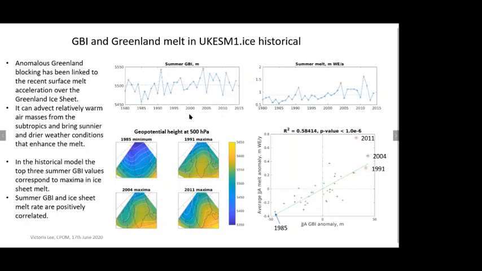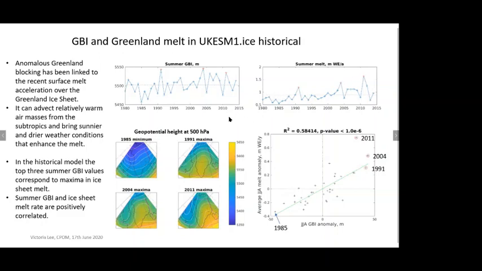So if we take our top 3 values of the index, we get highs at 1991, 2004 and 2011. And the data from here on in is going to be from the historical run. So these maximums correspond very nicely to maxima in the melt rate.